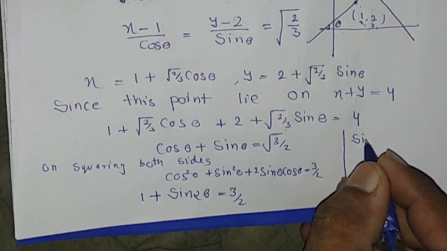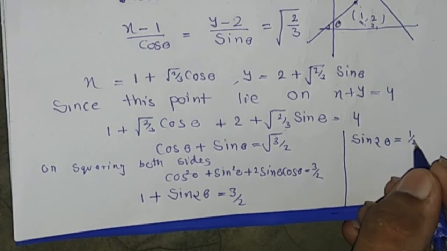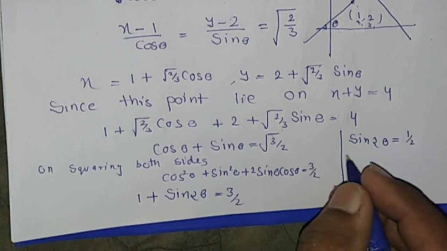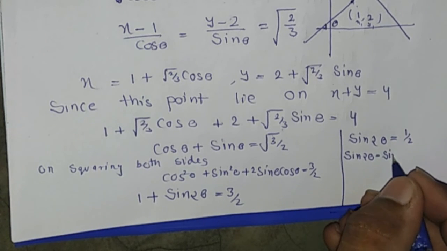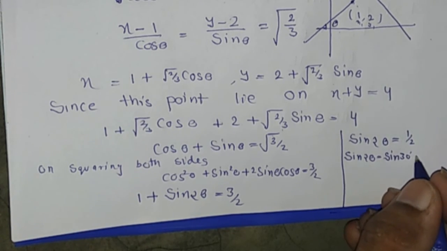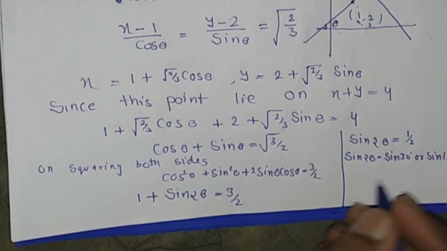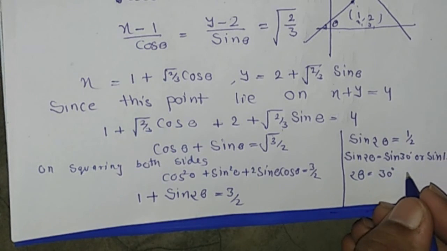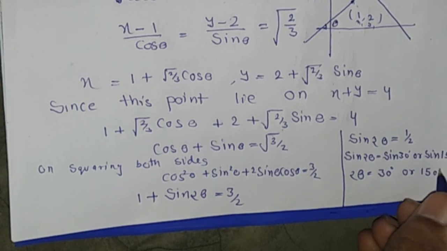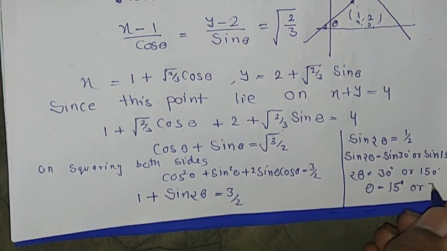Then sin 2 theta is equal to 1 by 2, and 1 by 2 is equal to sin 30 degree or sin 150. Then 2 theta equal 30 degree or 150 degree, and theta equal 15 degree or 75 degree.